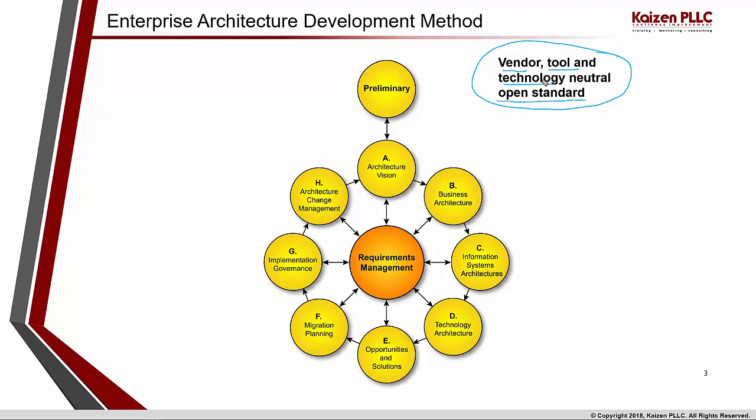So the methodology is built upon an open standard and doesn't try to promote any tool, technology, or vendor per se. It avoids reinventing the wheel. What this means is, based upon many organizations' success as well as their inputs and feedback, the methodology has been built and has been evolving.